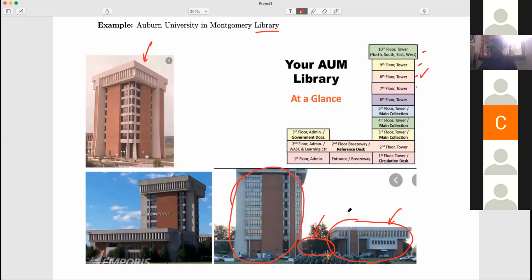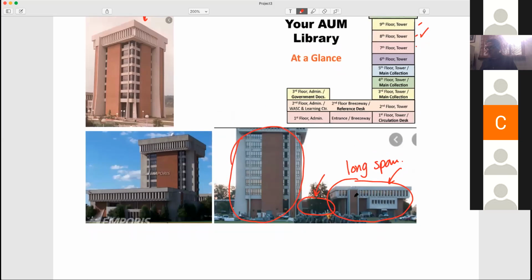So I would most definitely be able to create perhaps a long span structure, if I wanted to, right? And this is where you've got quite a bit of creativity.